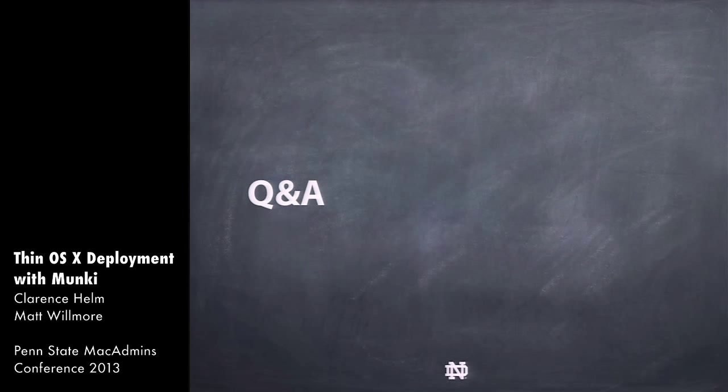So the question was about InstaDMG. What we're using it for is a factory booted image. Are you familiar with how InstaDMG works? Okay, so for those of you who are not, InstaDMG basically creates a sparse disk image, and a sparse image just means that it grows over time.